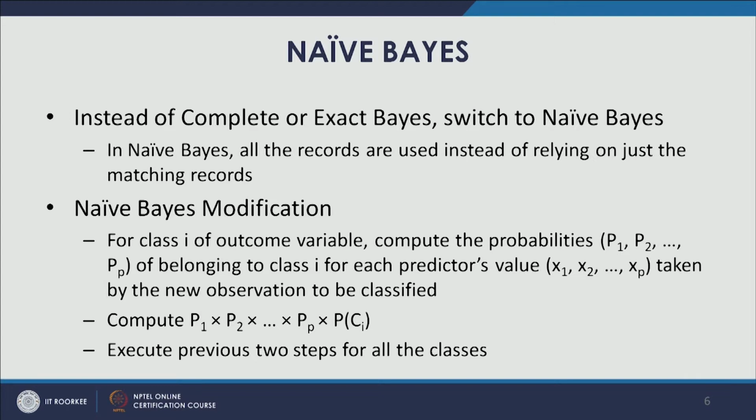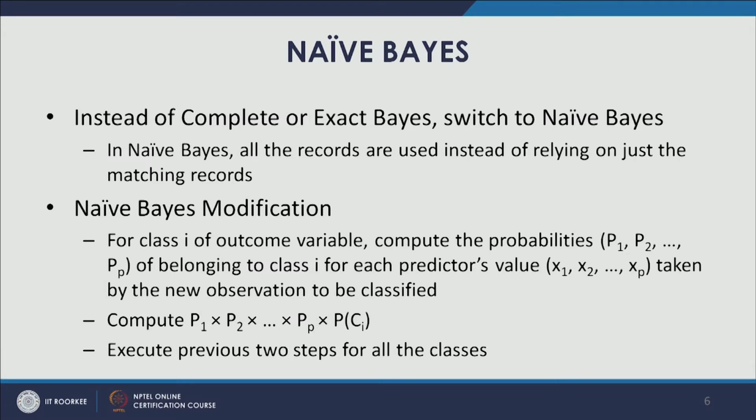These are the steps for naive Bayes, and then we will analyze how they are different from complete or exact Bayes. First step: for class i of outcome variable, there could be m classes, and class i is one of those m classes.